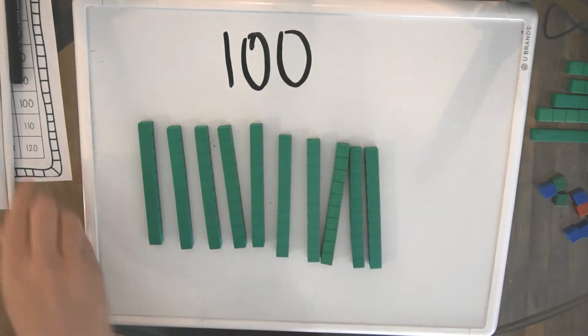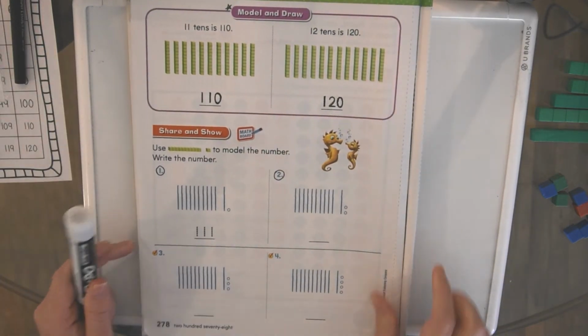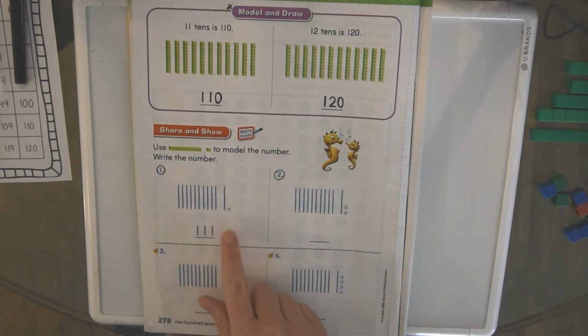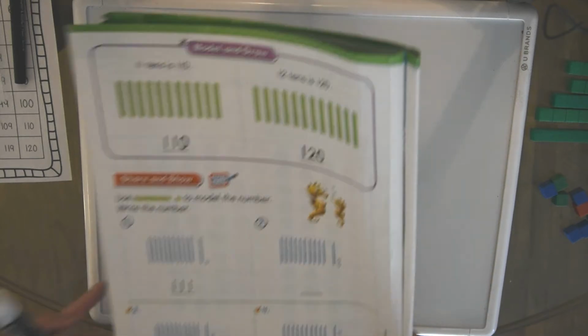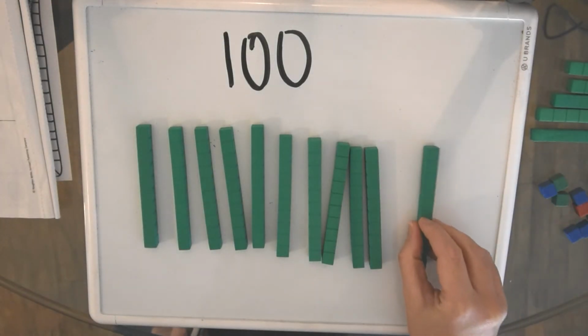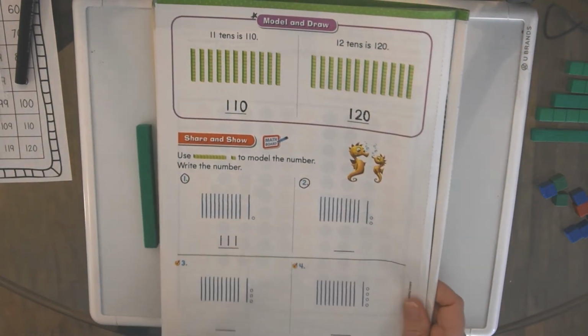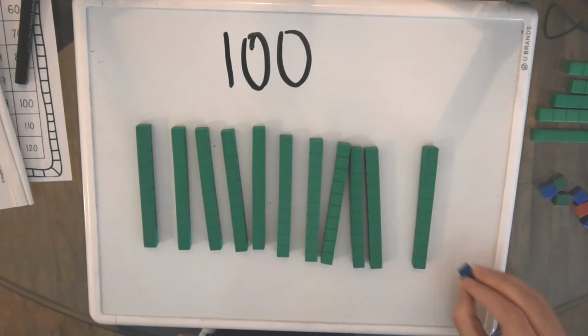Now I'm going to look at number 1 again. So I know this right here is 10 tens. This is 100. But then the picture shows that there's one more 10, so I'm going to show one more 10. And it also shows a 1, so I'm going to put 1 cube here.